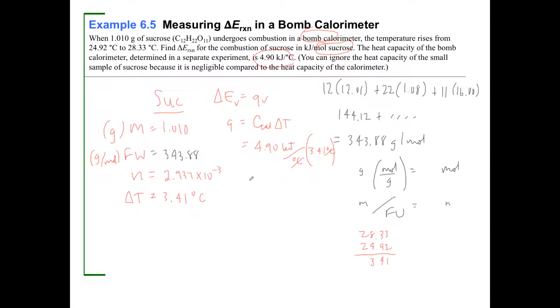Those cancel. And so the heat that's absorbed by the calorimeter is, just a second, 4.90 times 3.41, 16.709. 16.709 kilojoules total, right? That's how much heat was absorbed by the calorimeter.